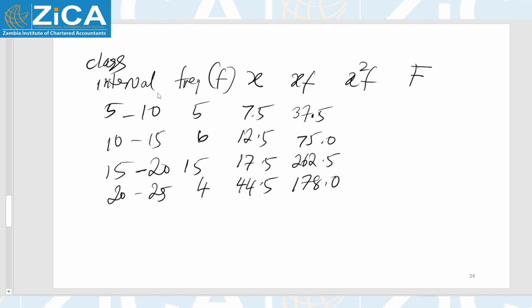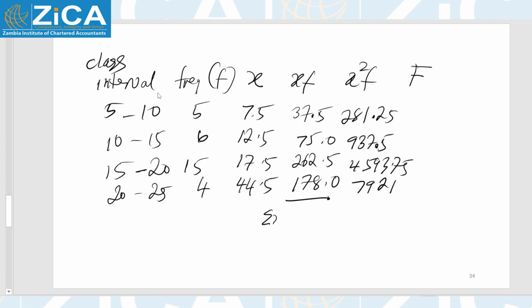If you square X times the frequency, you get 281.25. This will be 937.5. This will be 4,593.75. Then this will be 4,005.5.